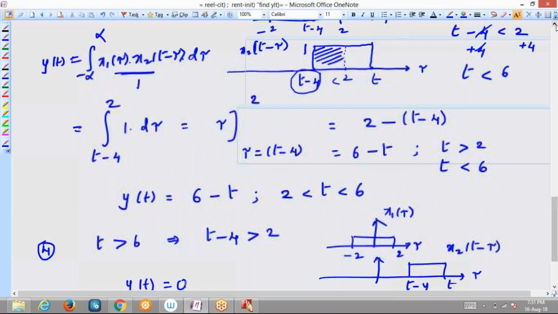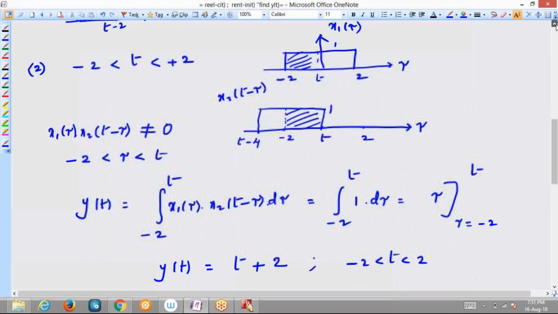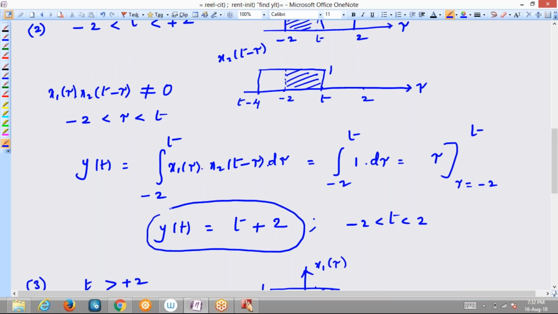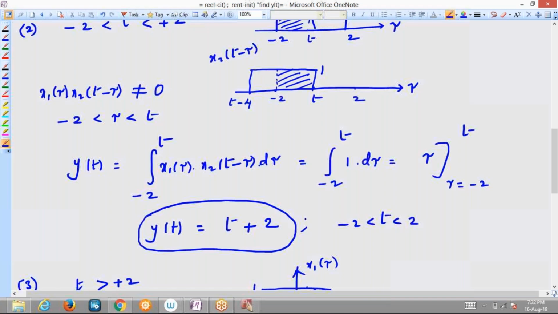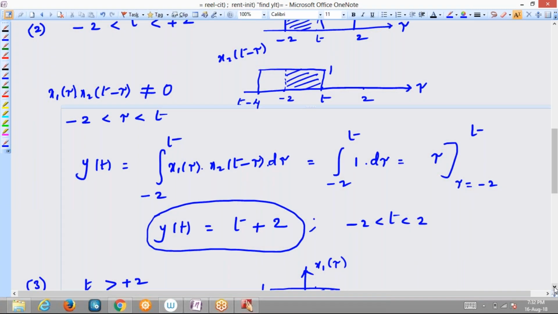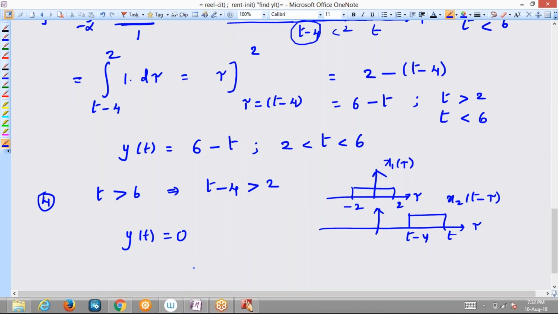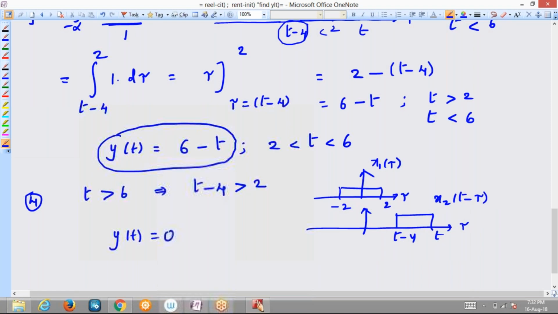In the first case, y of t is 0 for the range, and in the second case, we got t plus 2 whenever minus 2 less than t less than 2, and it is 6 minus t from 2 to 6, and 6 onwards it is again 0.